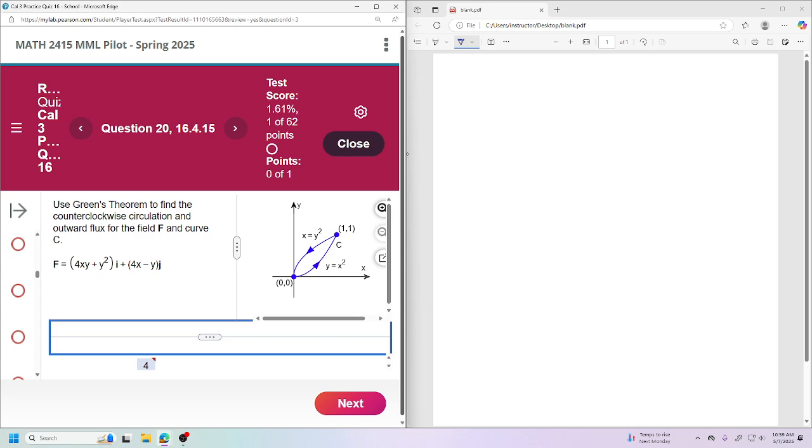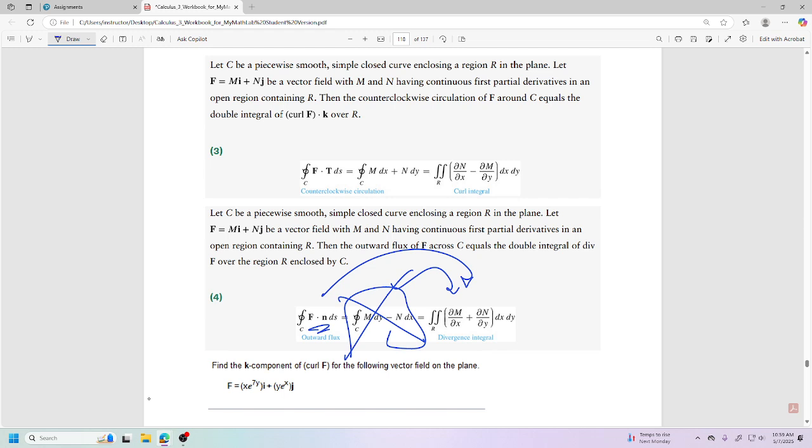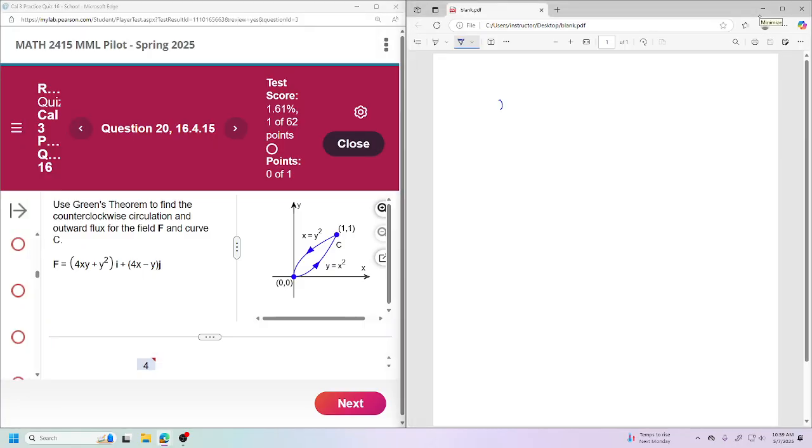So the two different versions, which again I have to keep pulling up. So flux is mx ny, but circulation is this guy here. So I got the flux is mx ny, and then my circulation is n my minus nx.